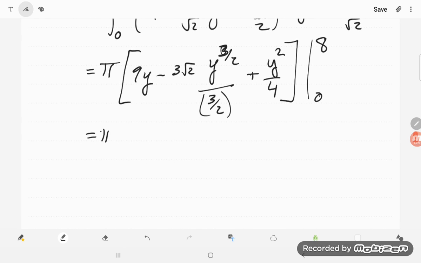So this is pi, and we have 72 minus, now the 3 over the 3 cancel, and so I just have 2 times the square root of 2.